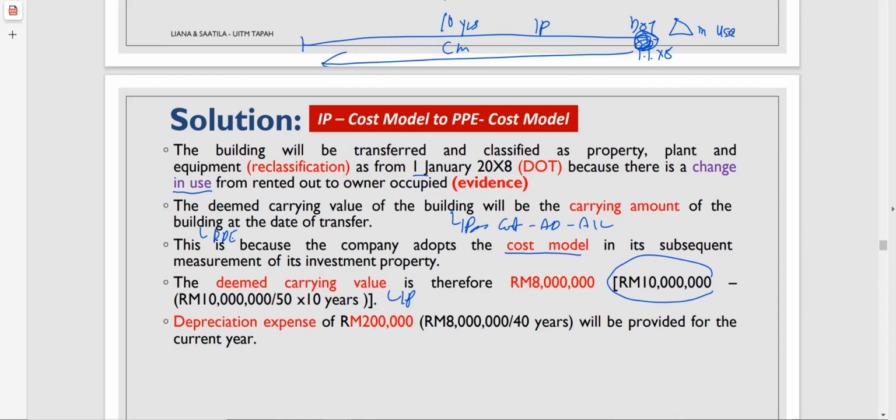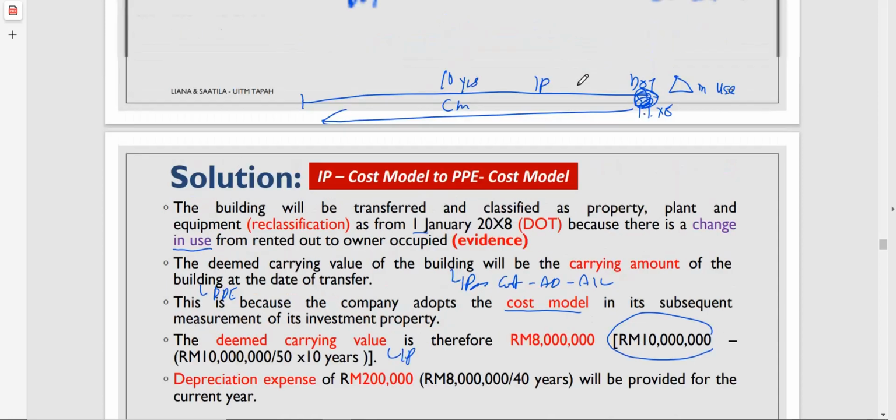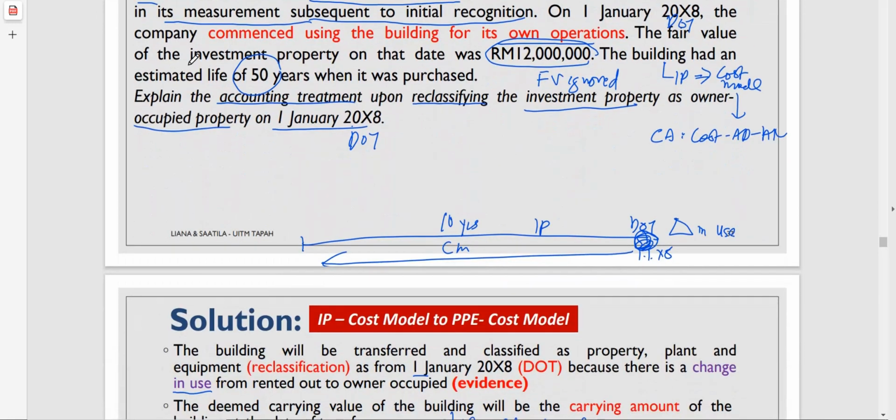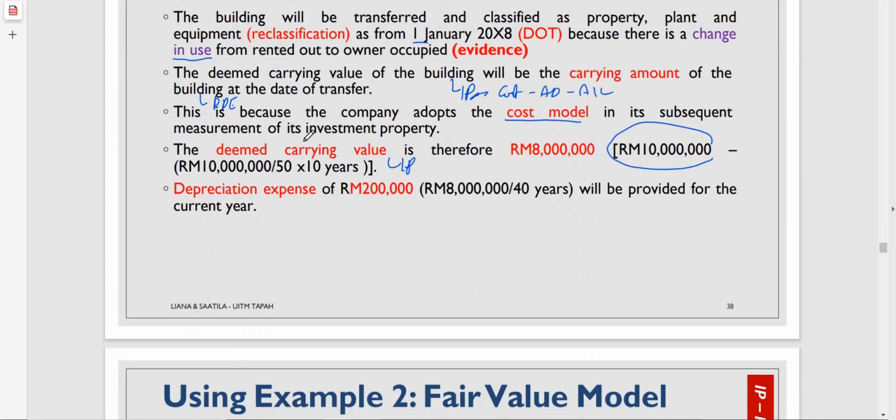If you read the question, the building, when it was purchased, has an estimated useful life of 50 years. You are now in year 10 of using it. So divide by 50, the estimated useful life, times 10 because you have used it for 10 years.